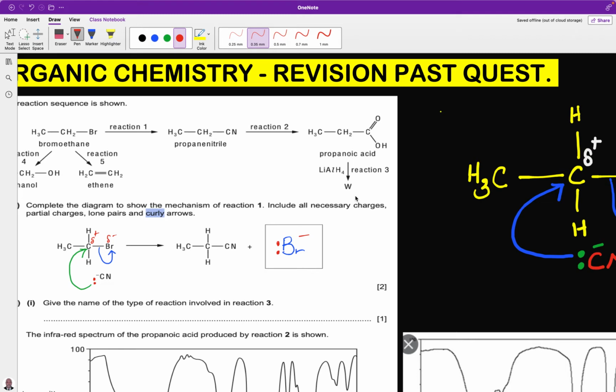And in a reduction reaction, aldehydes are reduced to primary alcohols.